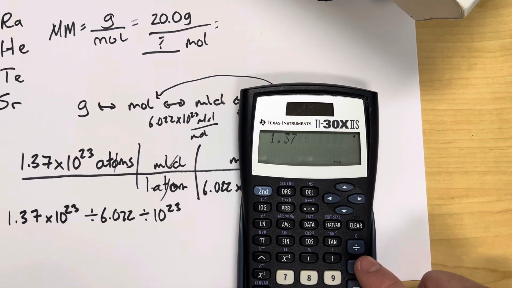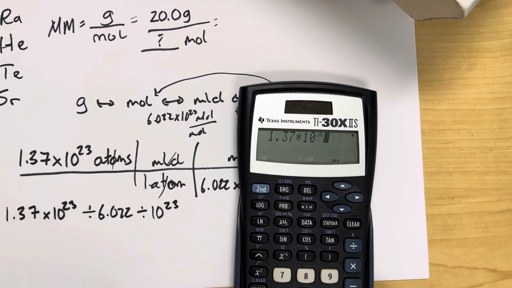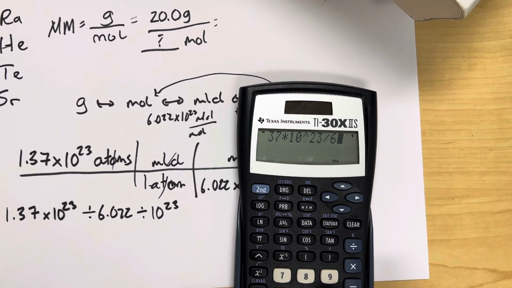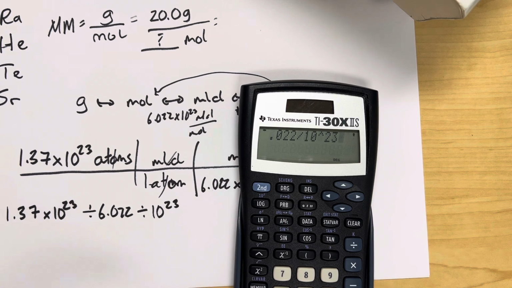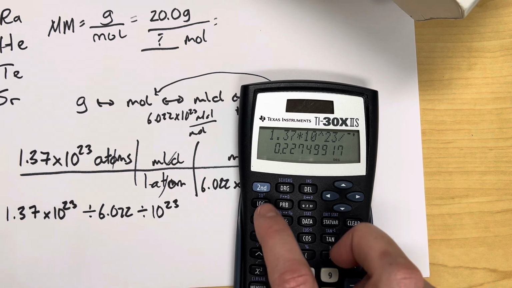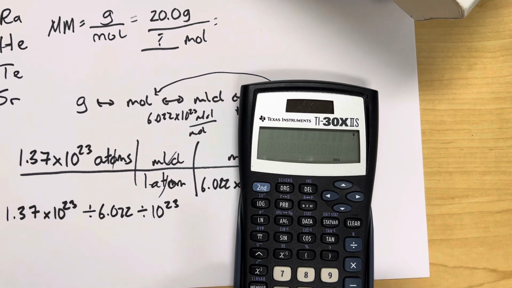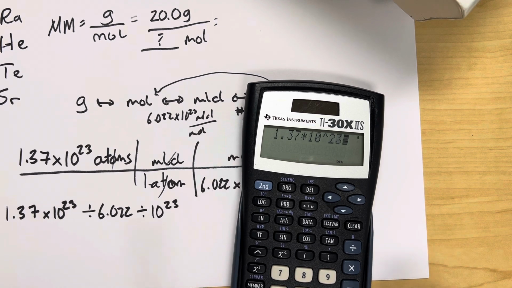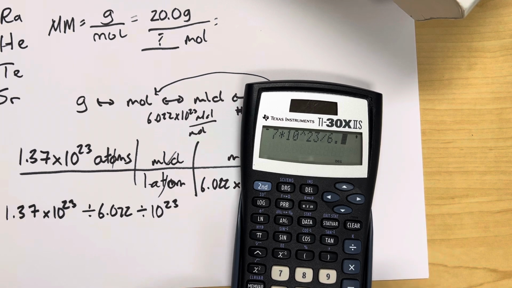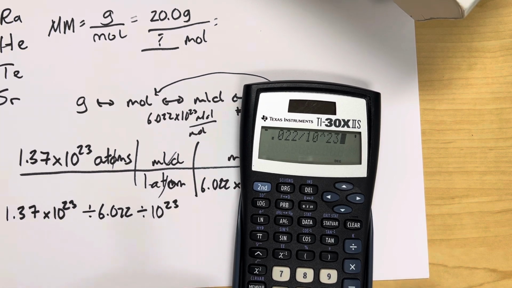1.37 times 10 to the 23rd divided by 6.022 divided by 10 to the 23rd. Let me do it one more time. 1.37 times 10 to the 23rd divided by 6.022 divided by 10 to the 23rd.